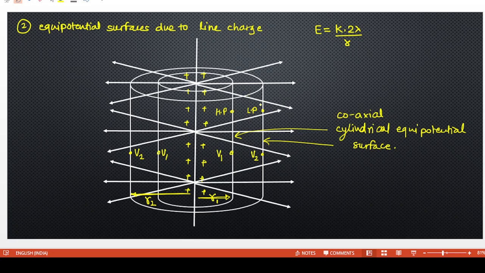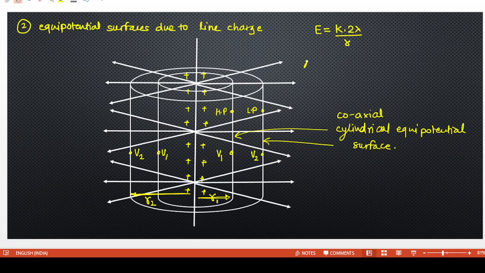How to do that? This can be taken as a one dimensional case in direction r. You can choose any direction r, let's say this direction or this direction. You can choose any one direction r.